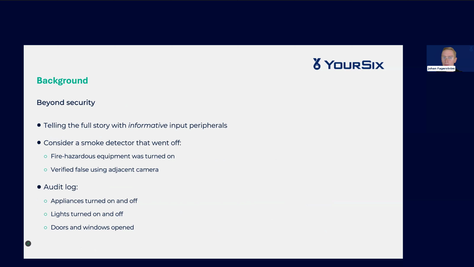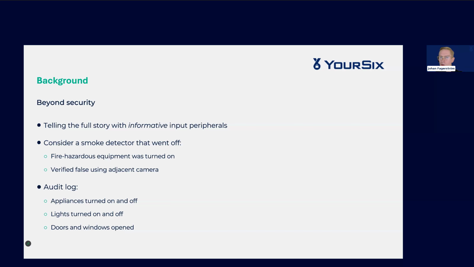Say that the alarm operator can then see that there was some fire hazardous equipment being turned on at the time, such as a welding rig or perhaps a soldering iron or something like that. If they see that, then they can verify the alarm using an adjacent camera before dispatching firefighters, right? So they see that there's a smoke detector going off, fire hazardous equipment is turned on, verify first before dispatching firefighters.